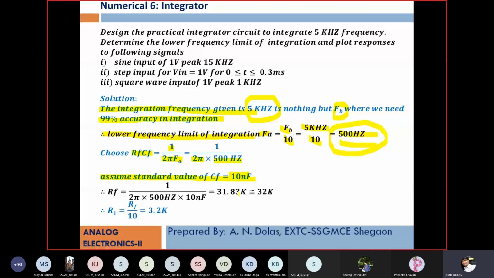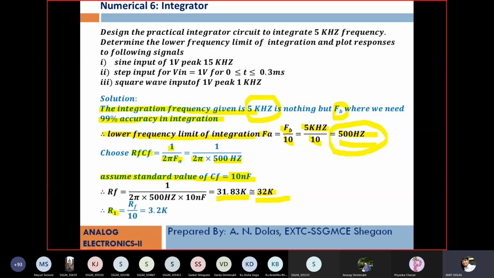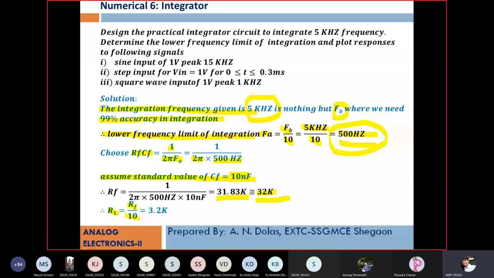And for the R1 by RF ratio, you can choose RF to be 10 times R1. Therefore R1 will be RF by 10, so it will be 3.2K.